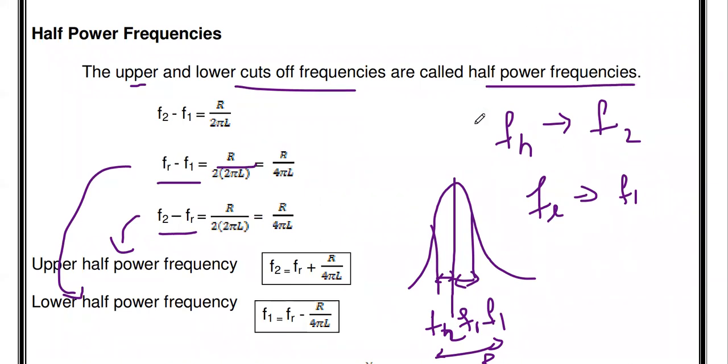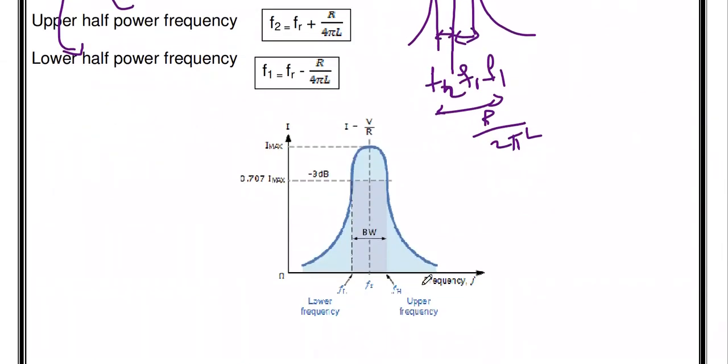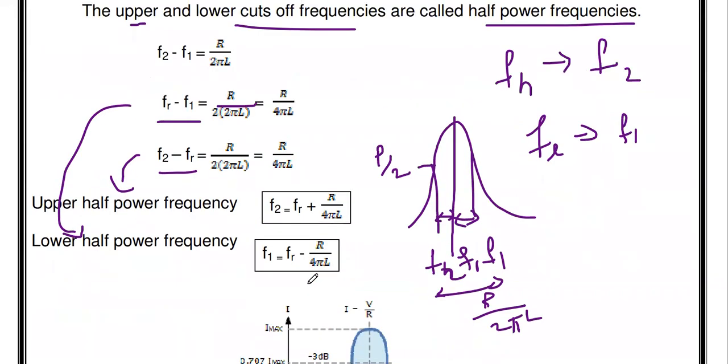Why is it half power? Since at that frequency the power is half of the maximum power. That's why the two frequencies are called half power frequencies. Or the current reaches 0.707 times the maximum value.